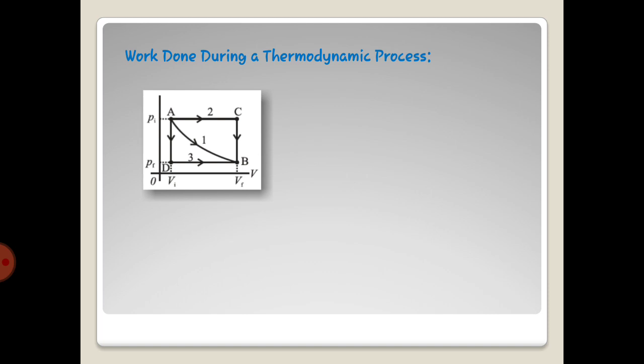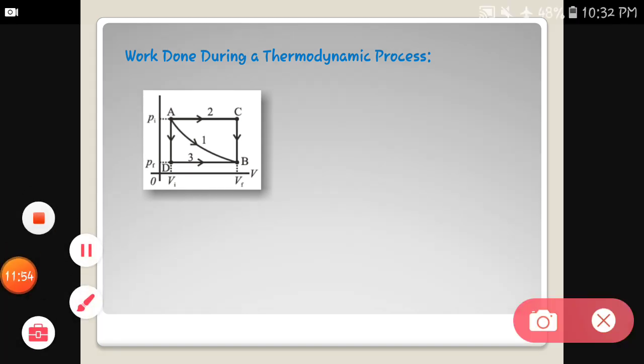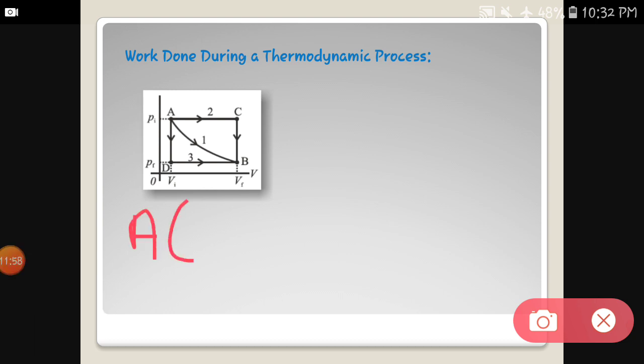Now let us explain what exactly point A is. As we said, point A is the initial state. If we write it in coordinate form, what will it be? You can see over here, A has a pressure, which is Pi, and a volume, which is Vi.